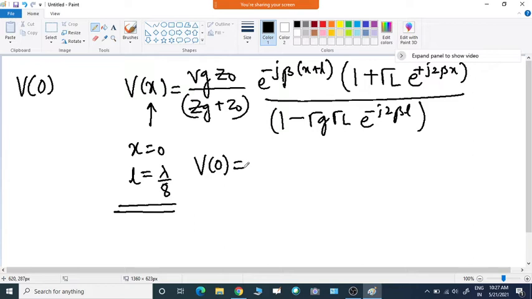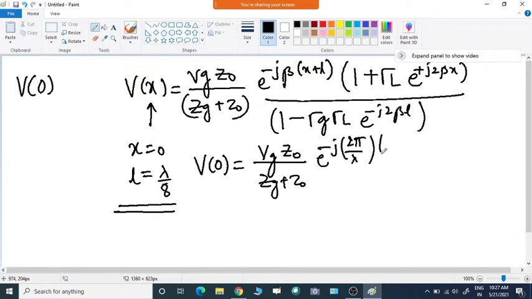So if you put x equal to 0, Vg we know already, Zg also we know, Z0 we know. So put the values of those and you are going to get the result. Zg plus Z0, this into e power minus, so you can substitute for beta, x which is 0 plus L, it is lambda by 8. So now we can have this 1 plus, so now we have found out the gamma L value.